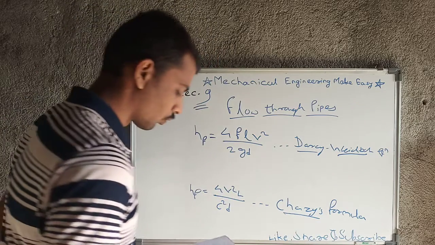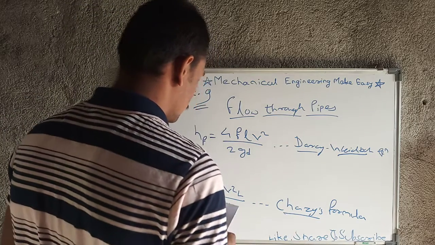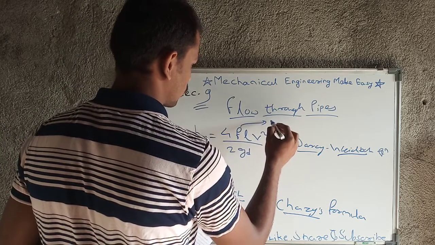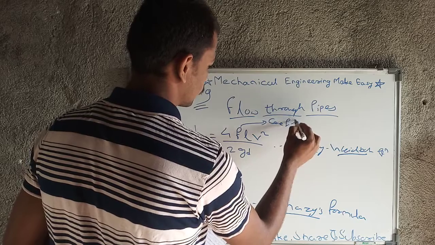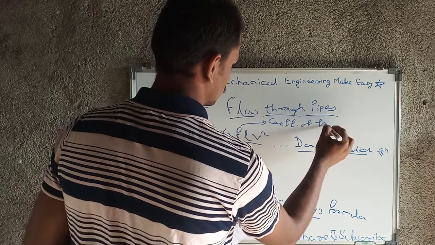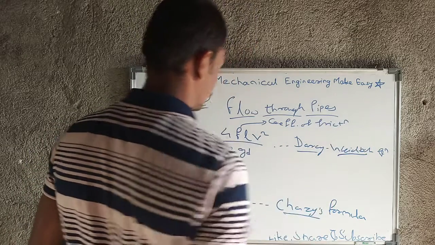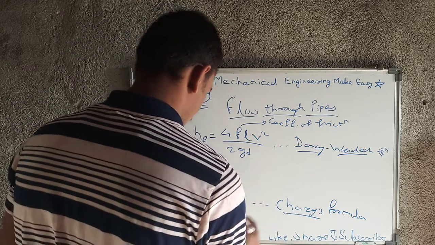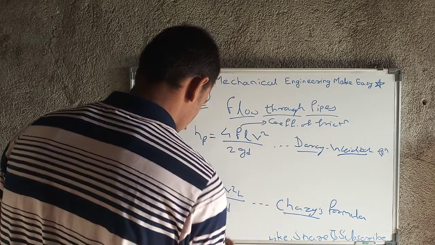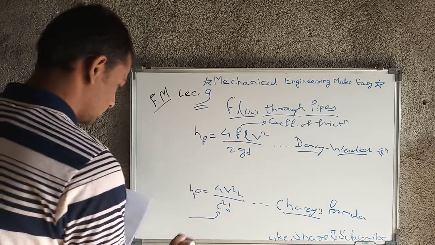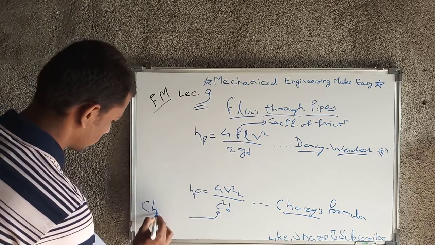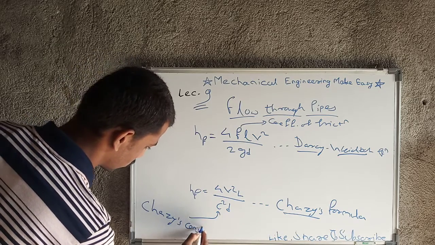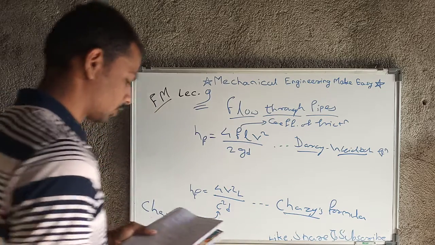So what are these parameters? This f is Darcy's coefficient of friction, or normally we can say coefficient of friction, and this C is Chezy's constant.